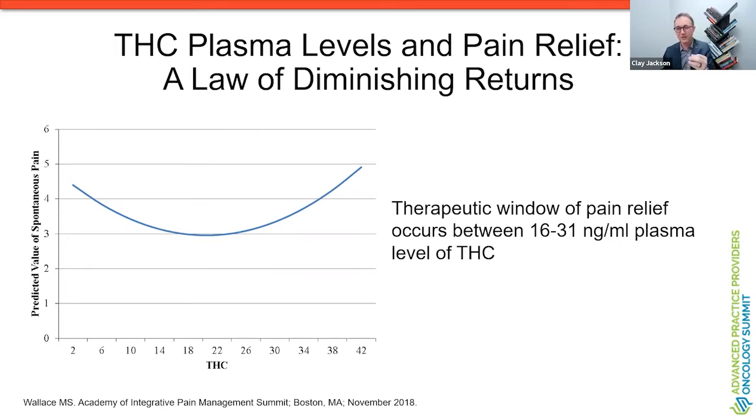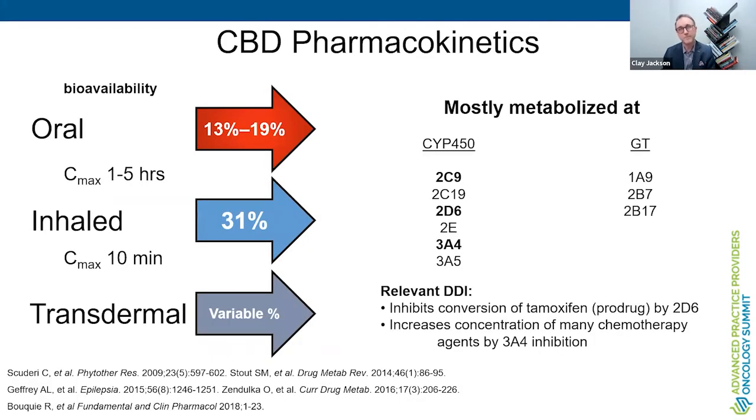Sometimes more is less because the symptomatology that you're trying to treat actually can increase. One classic example of this is emesis or nausea, whereas THC may be effective at lower doses or mid-range doses. If you take too much of it, it causes hyperemesis, and we've seen a rash of emergency department admissions for just that problem.